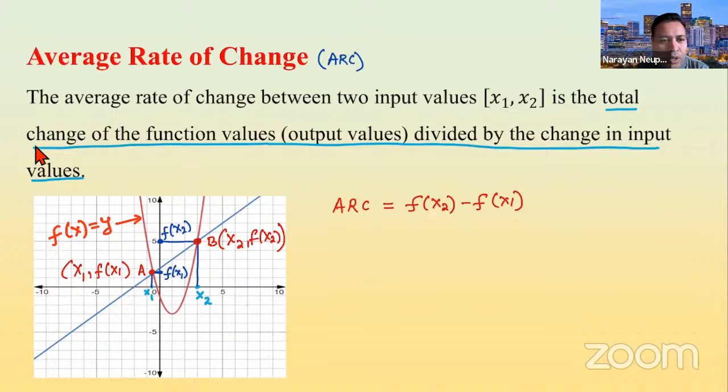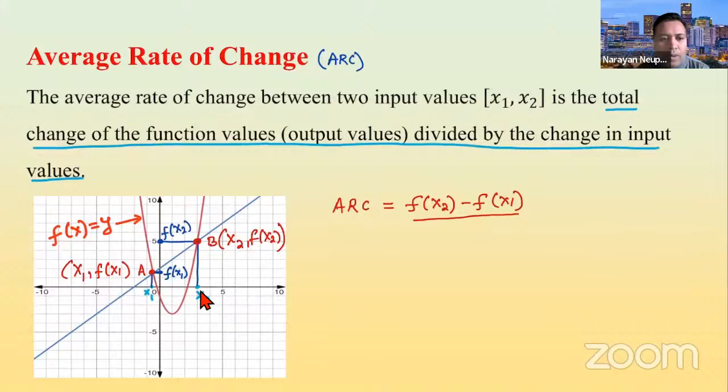Total change in the function value, that is the output values, the values along the y-axis, divided by the change in input values. The input values are the values along the x-axis. Initial input value was x1, now it is increased to x2.